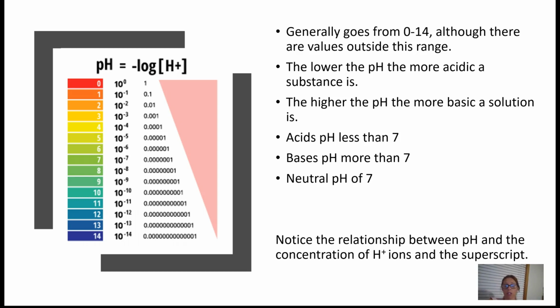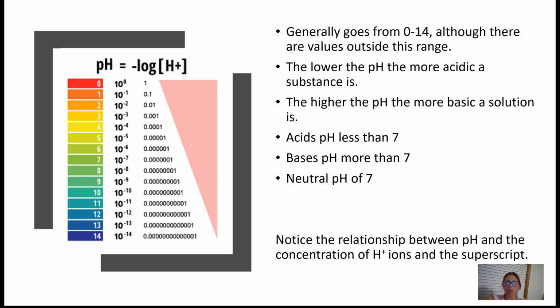If you have a look at pH 14, its power is 10 to the minus 14, so there are 14 zeros, and you might be able to see that concentration change. Our range generally goes from 0 to 14. We do have things that fall outside this measure, and there are some special circumstances. We might talk about those a little bit later, but generally we have 0 to 14.